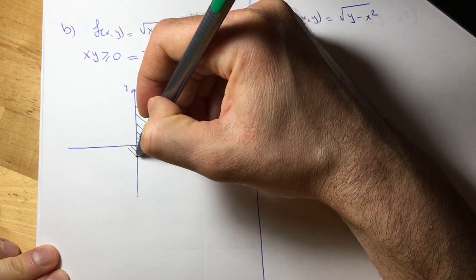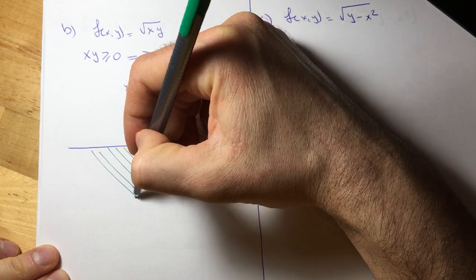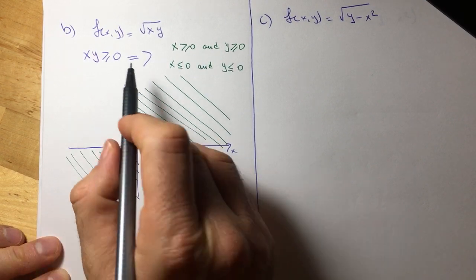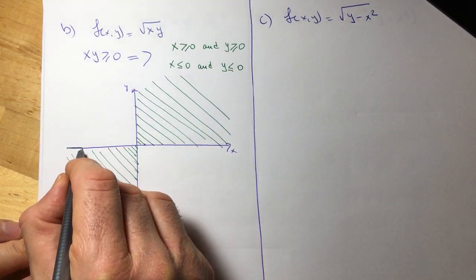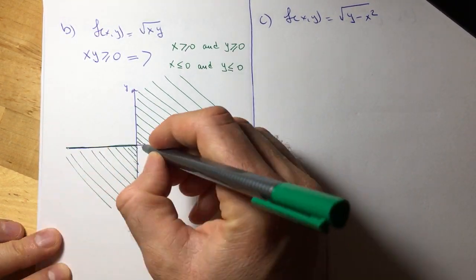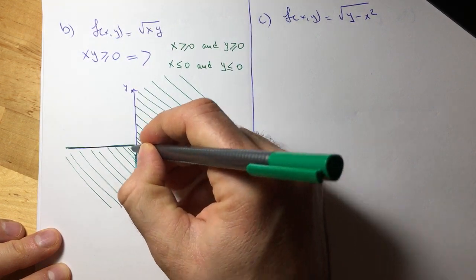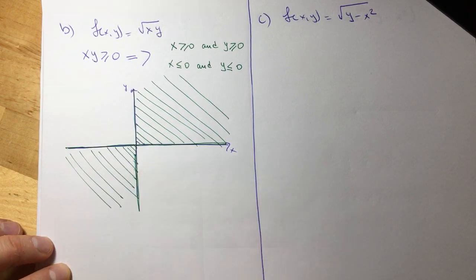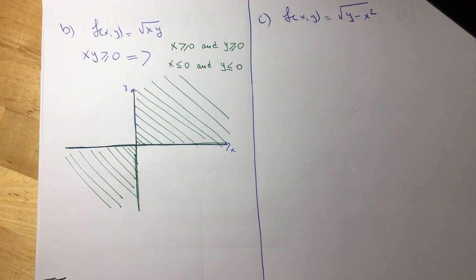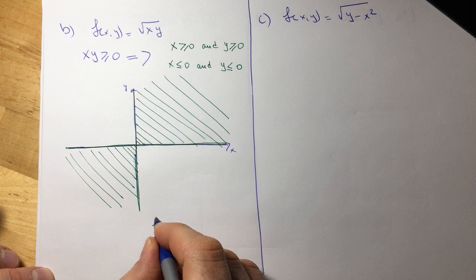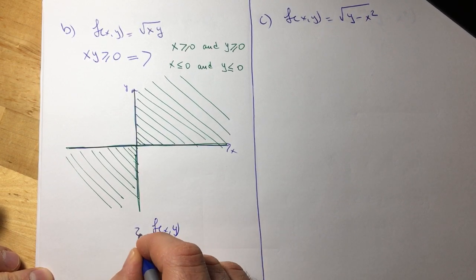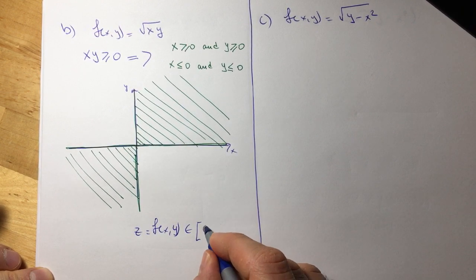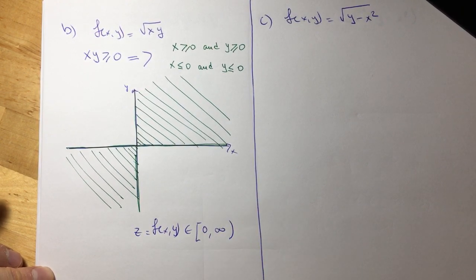And those are the points in the third quadrant. Okay, as I said, because this is greater or equal to 0, the axes themselves are going to be part of the domain. Okay, here again, f of x, y, or the z values will take on all the positive values.